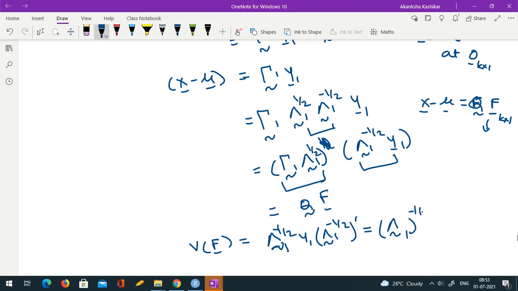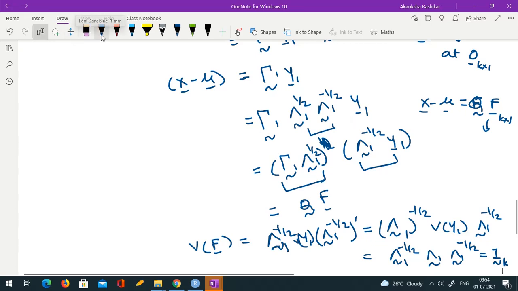So lambda 1 raised to minus half, variance of y1, and again lambda 1 raised to minus half, and variance of y1 is lambda 1. So I'll have lambda 1 raised to minus half, lambda 1, lambda 1 raised to minus half, which is nothing but the identity matrix. And the mean of y was anyway 0, so that is not an issue.